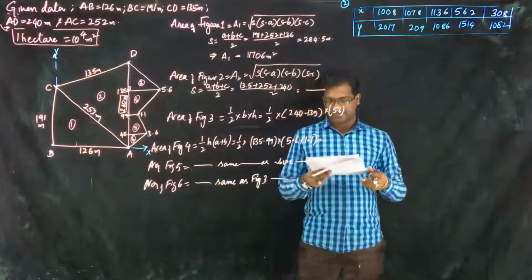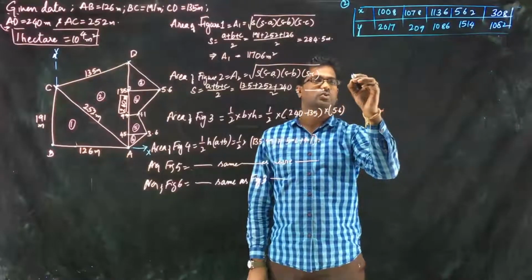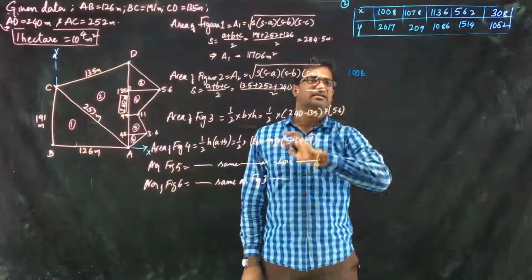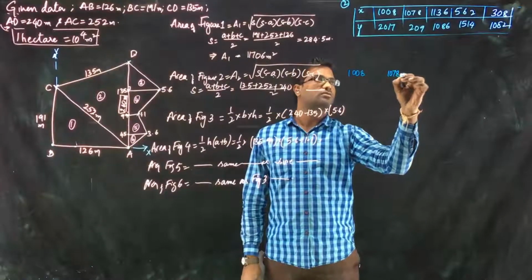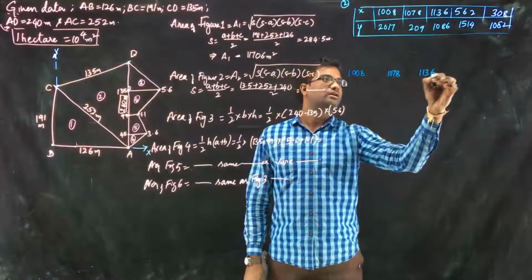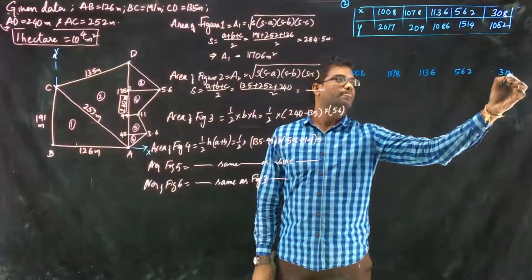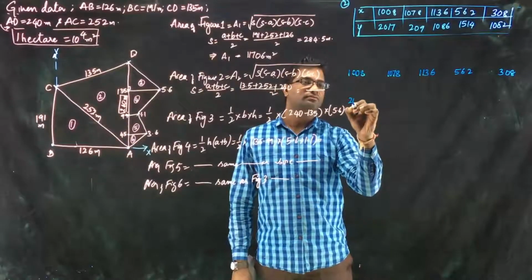So what we do is we will copy down the coordinates as usual. Without writing any x coordinate at first, we will note down something like this. The x coordinates will be written down. Then the y coordinates you have to write down.